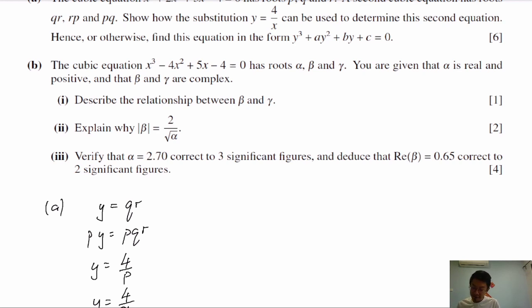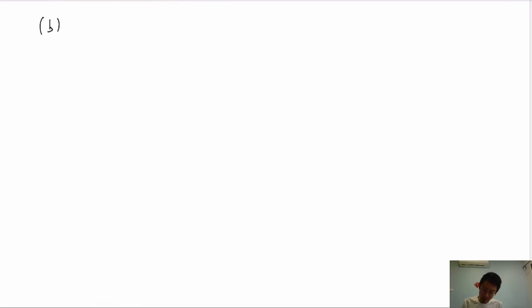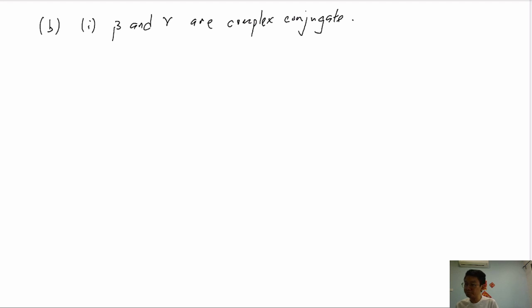It is given that alpha is real and positive, and the other two are complex. So describe the relationship between beta and gamma. They are conjugate. So beta and gamma are complex conjugates. We must say they are conjugate.